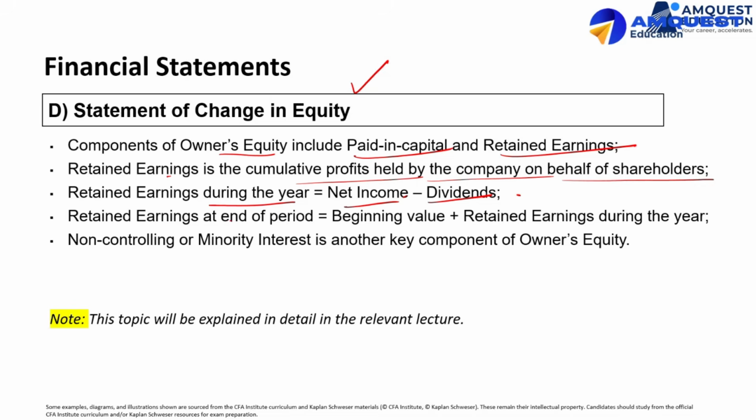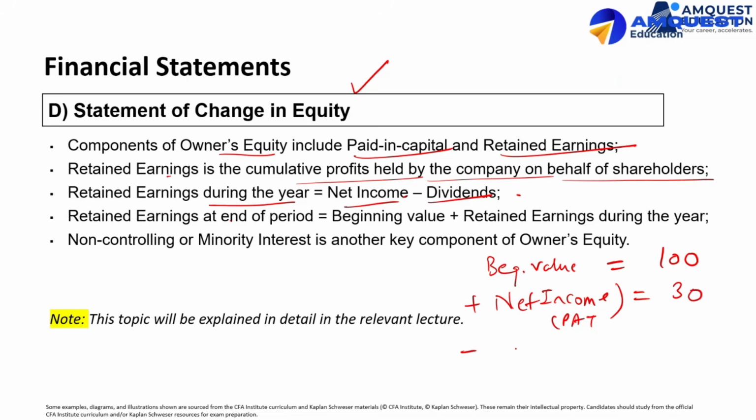Formula for retained earnings. You will start with the beginning value. You will say last year my cumulative profit was 100. This year I am adding net income, my net profit or profit after tax of 30 rupees. And from this, I am subtracting dividends.